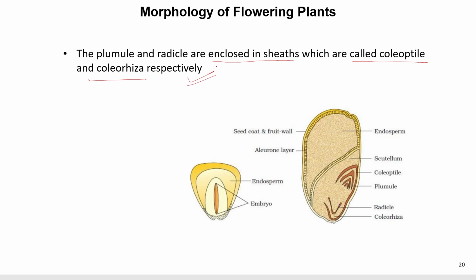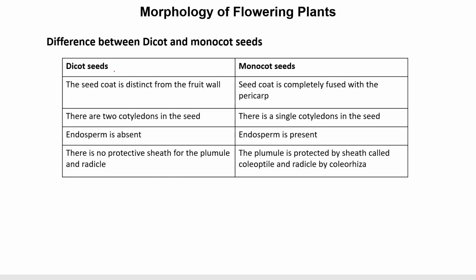So that is also a difference if we compare dicot and monocot. In the monocot we have the plumule covered with the coleoptile, and the radicle region covered with the coleorhiza, but such covering is absent in the case of dicot seed. So here are some of the differences between dicot and monocot.